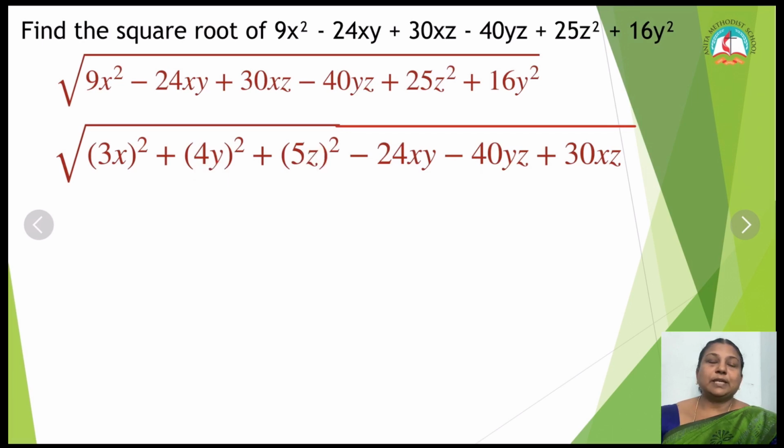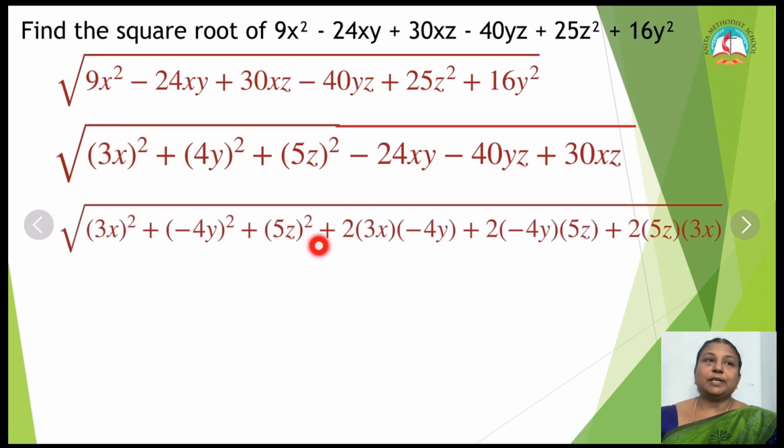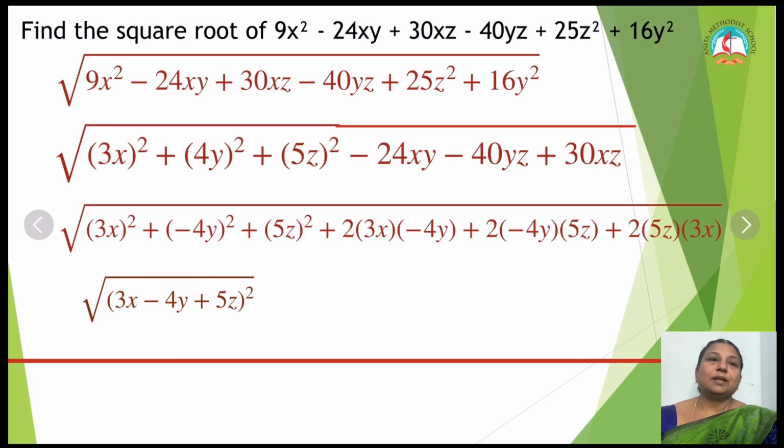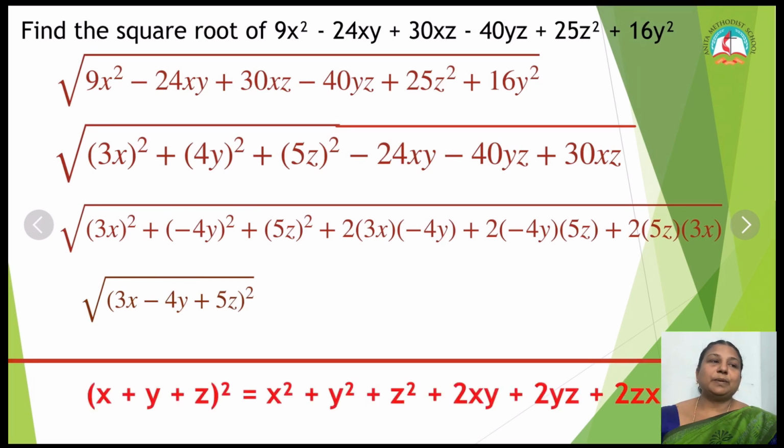Okay children, so I guess here I must get minus. So here is a squared, b squared, c squared, minus 2ab, minus 2bc, and plus 2ac. It was in the algebraic expression (x plus y plus z) whole squared is equal to x squared plus y squared plus z squared plus 2xy plus 2yz plus 2zx.